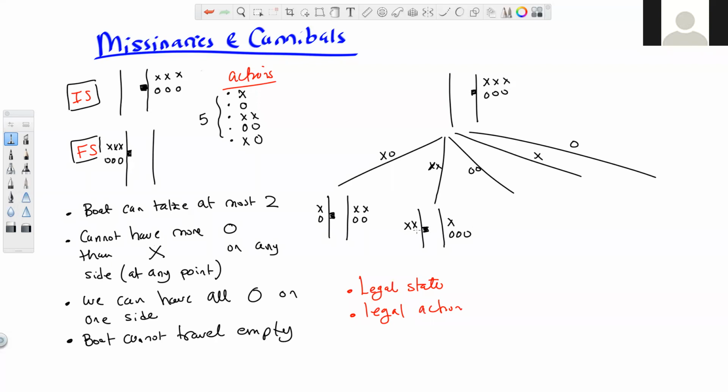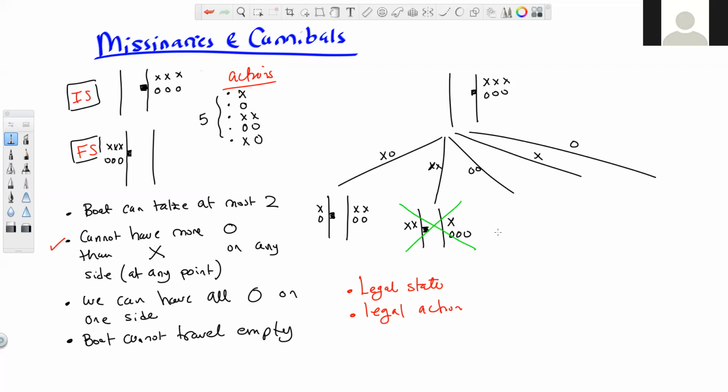As you see, this particular state is not legal, right? The O's have outnumbered the X's on one side, and this violates this particular rule here. So we're going to say that this is an illegal state, and basically that's not going to be here. So we're not going to generate this particular child.